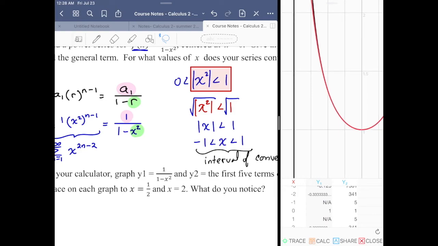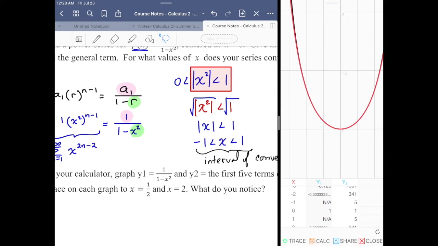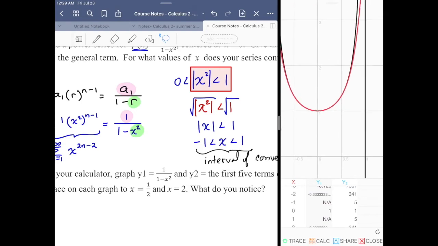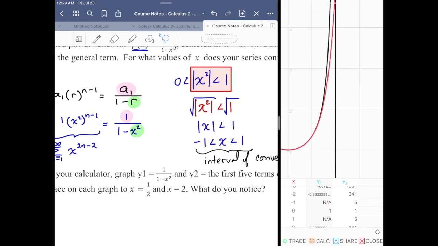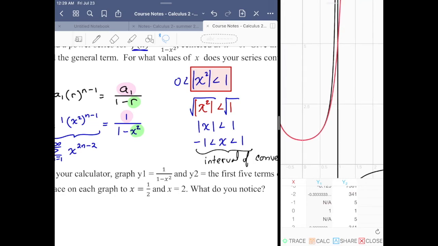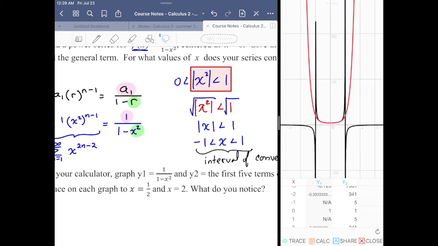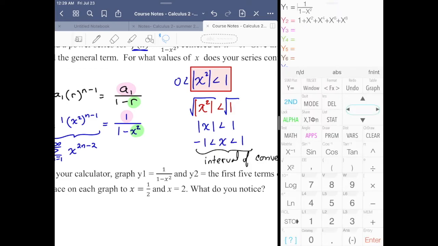Trying to get a good view for you. It's hard to see, but you can see, definitely on the fringes here, the black and the red are pretty close together, and then they become one, and then they start deviating a little bit more after that. All right, and it isn't until they get to 1 that they start pulling away from one another.